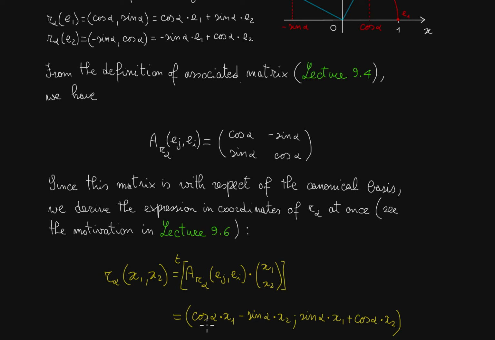And the explicit expression is as follows. First coefficient of the image is cosine of alpha times x1 minus sine of alpha times x2. Second coefficient, sine of alpha times x1 plus cosine of alpha times x2.